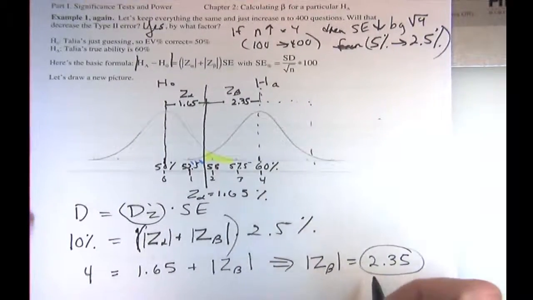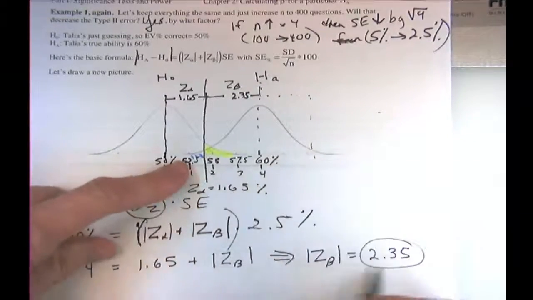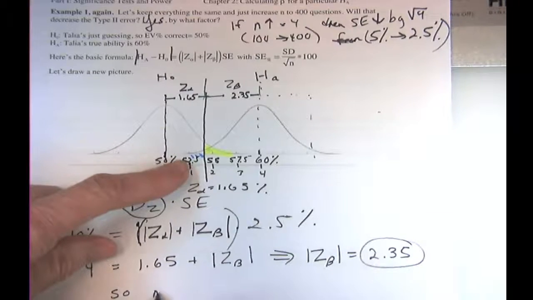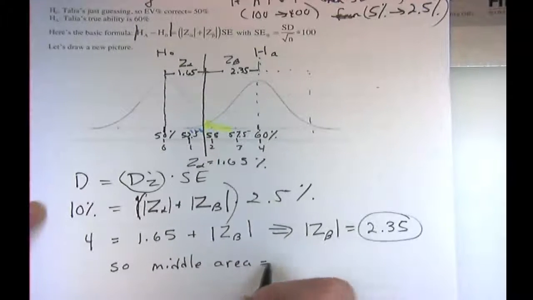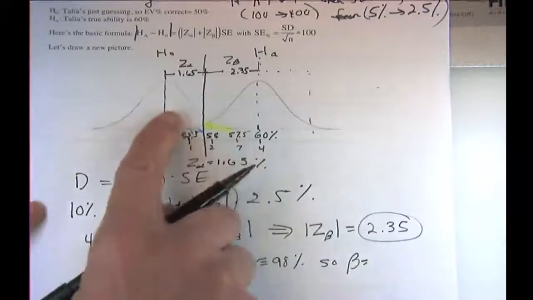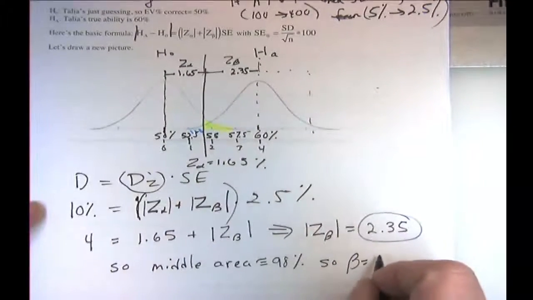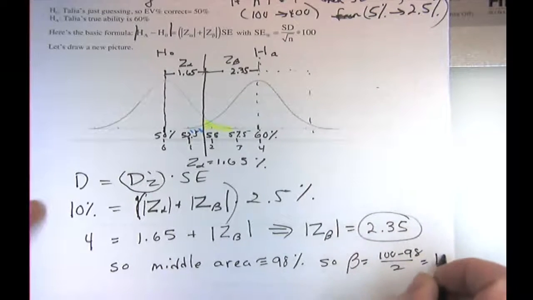Okay. So then the tail would be what? So the middle area, and you're going to have to be more precise in your homework, equals 98% approximately. So beta, just the left-hand tail here, equals 100 minus 98 over 2, which is 1%.